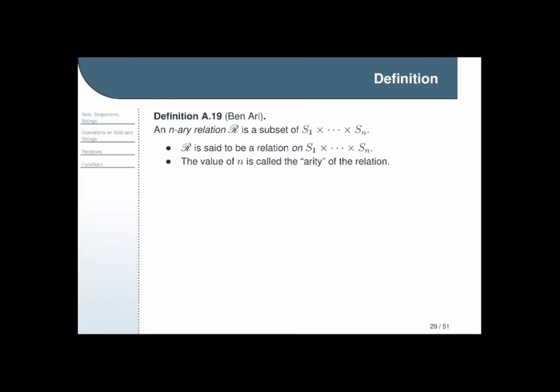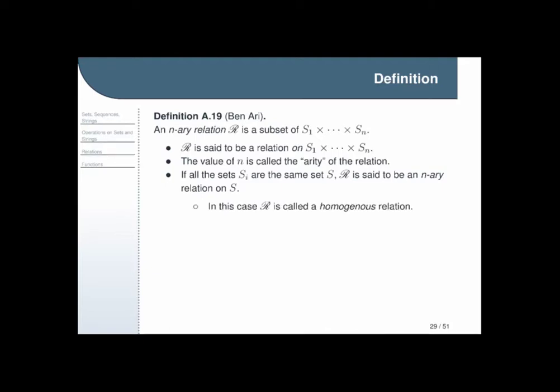In this class, we're going to see a lot of binary relations. If all the sets S1 through Sn are actually the same set, which is a common situation, R is said to be an n-ary relation on S, and in that case we could also call it a homogeneous relation if we want to specify that that is what is going on.